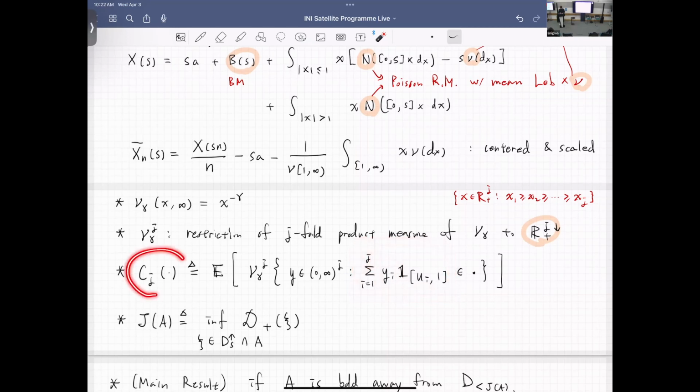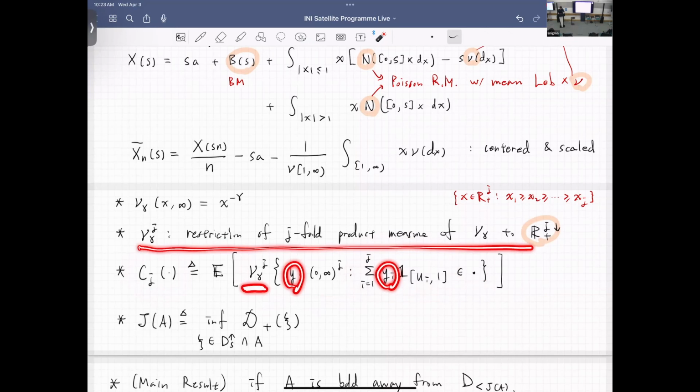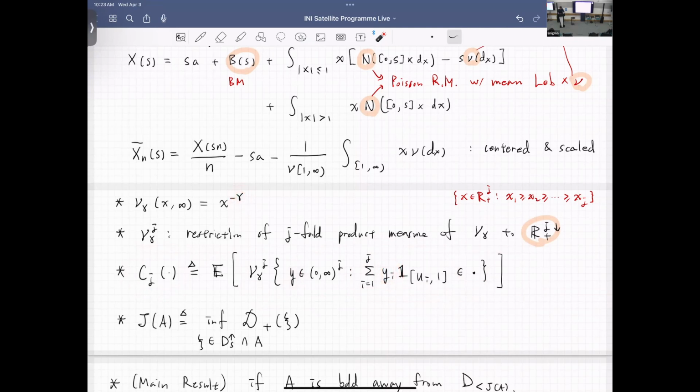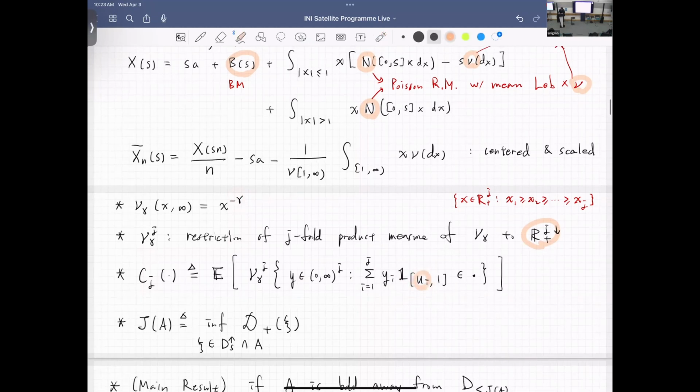So C is a measure like this. The y_i's are associated with this power law, so they more or less follow the power law with index gamma, and the U_i's are IID uniform between 0 and 1.